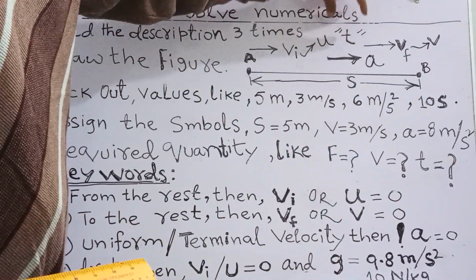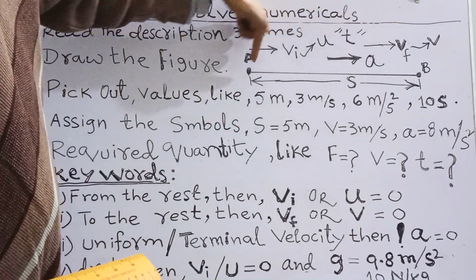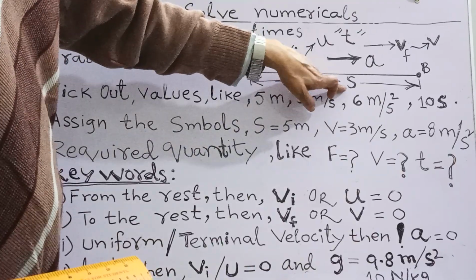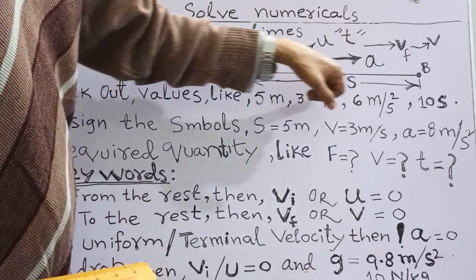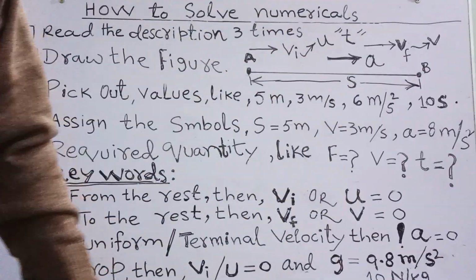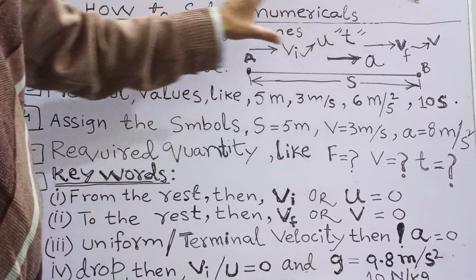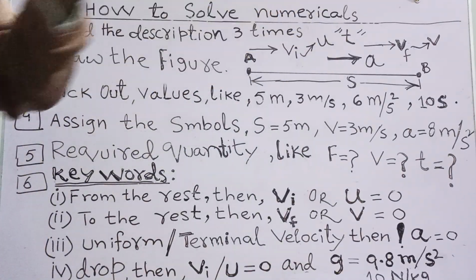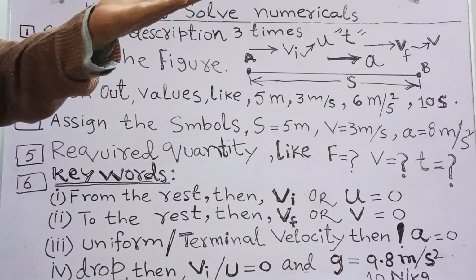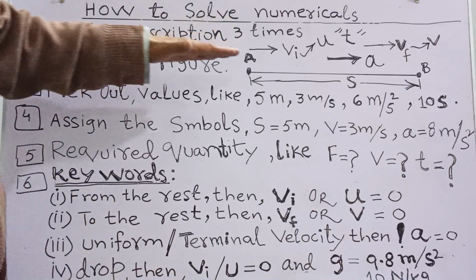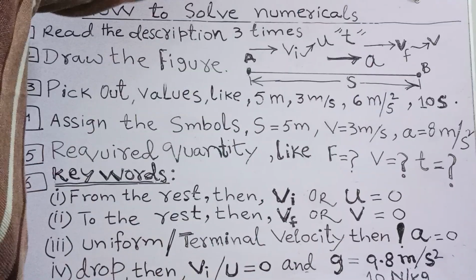So t is the time interval, and during this journey the body covers the distance s, or displacement of s, from A to B. So s is the displacement or the distance covered by the body. This is the very same common type of problem which is normally involved in all kinds of kinematics numericals, especially the horizontal motion, not the vertical motion or falling down.